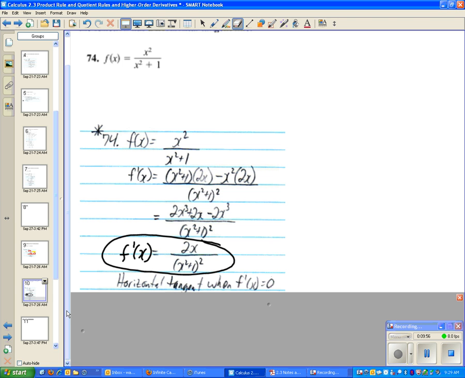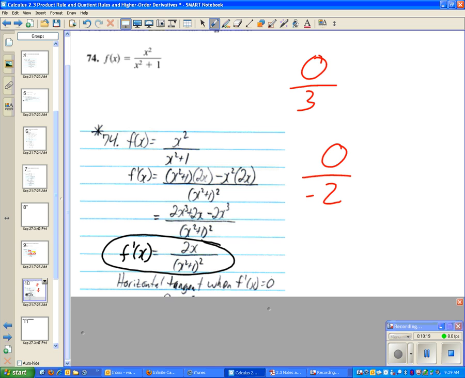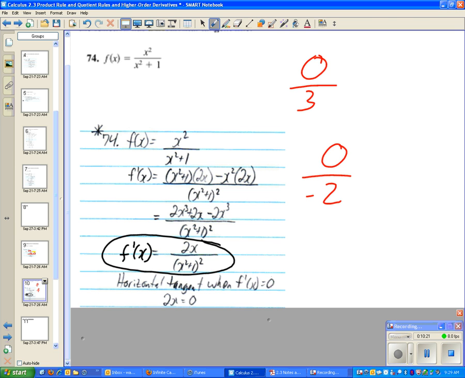That's how a fraction equals 0. Does the denominator matter? No, other than the fact that it technically can't equal 0. So to find where this particular derivative equals 0, set the numerator equal to 0.